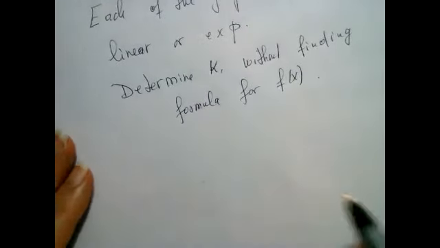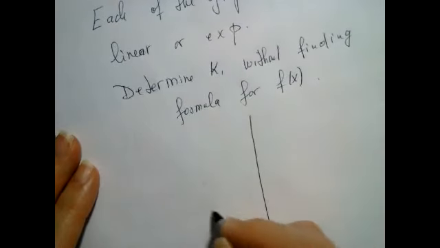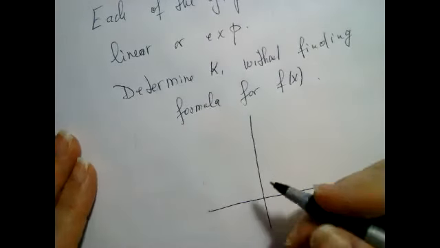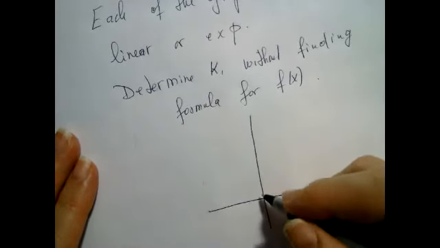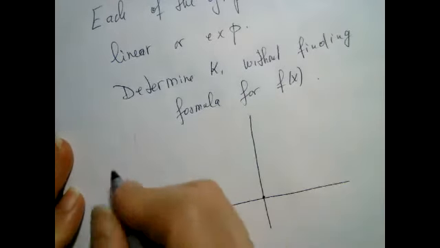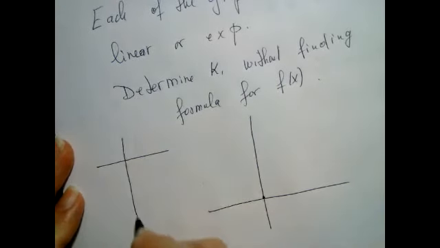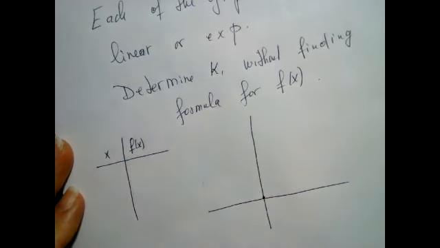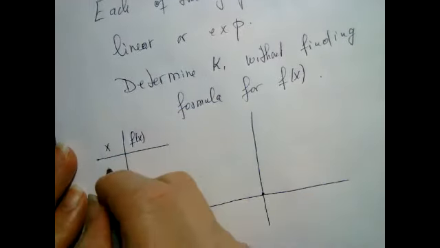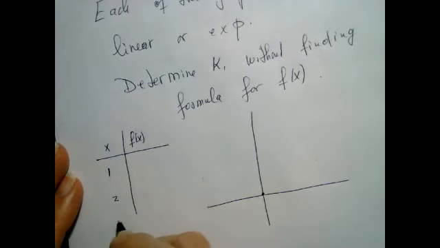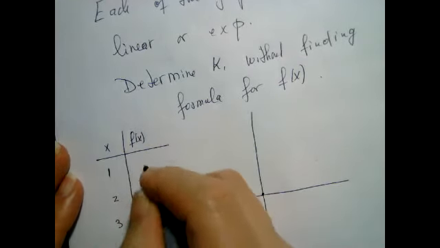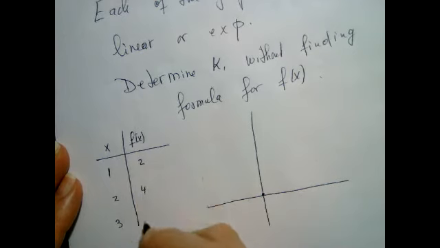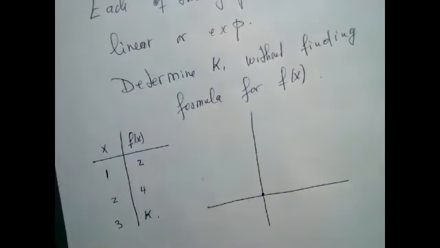So I'm going to give you two graphs. And I'm going to give you a bunch of points. So this is my first graph. I'm going to give you the point here, x, f of x, and 1, 2, 3, 2, 4, okay.